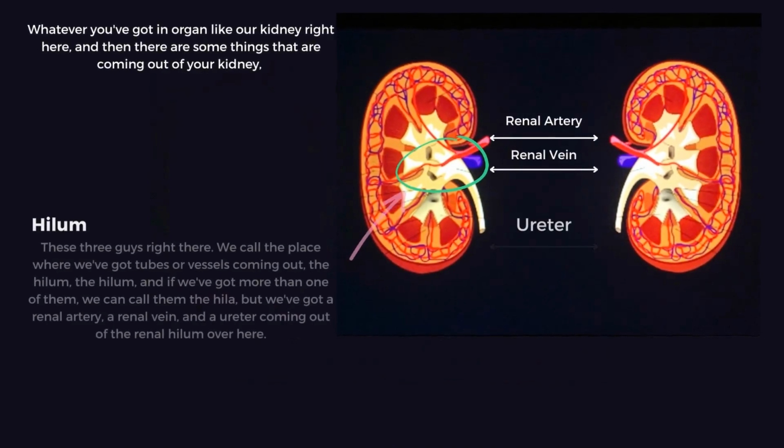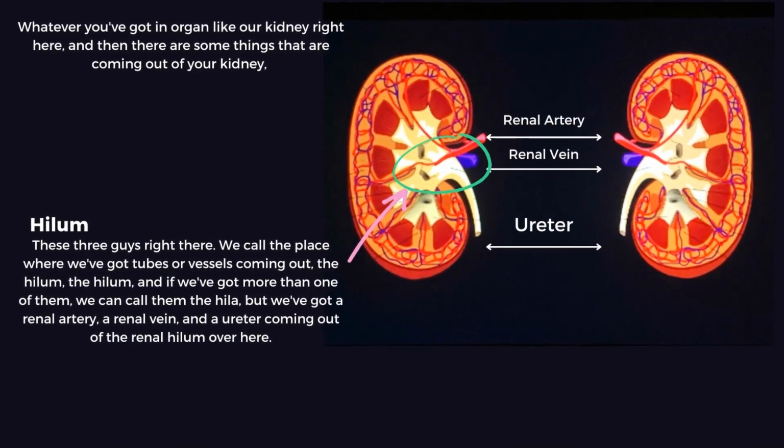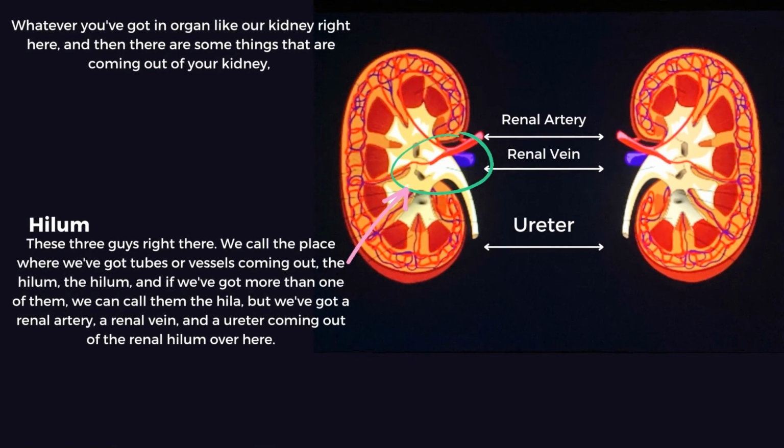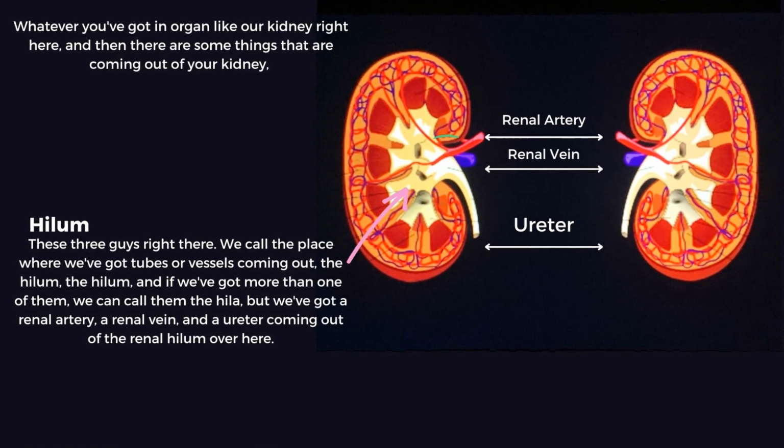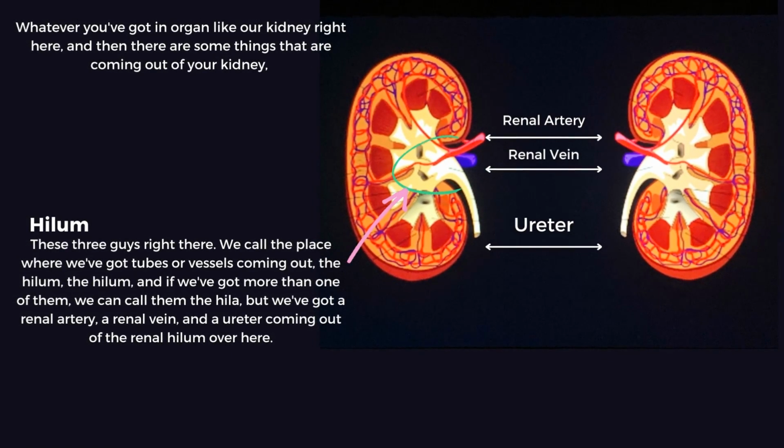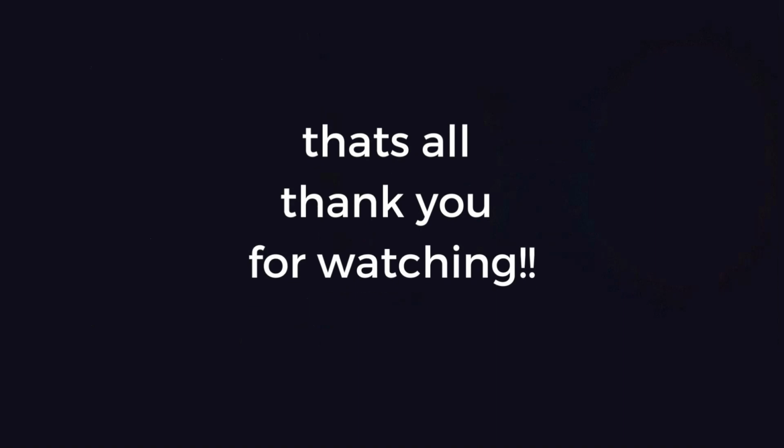The place where we have these tubes or vessels coming out is called the hilum. The hilum, and if we have more than one of them, we call them the hila. We have a renal artery, a renal vein, and a ureter coming out of the renal hilum over here. And that's the anatomical structures of our kidneys.